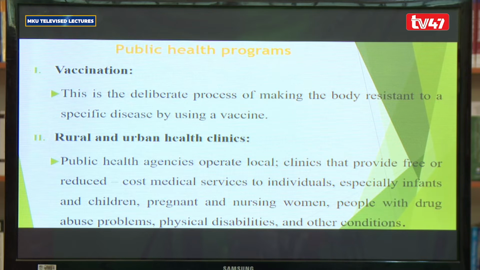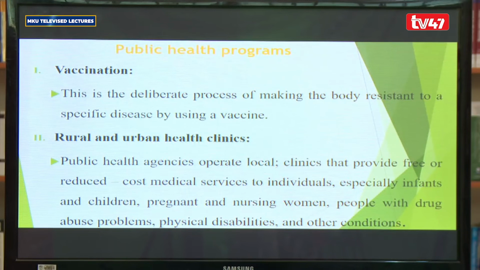Let's look at another function of public health: vaccination. This is a very important function of our public health programs. It is the deliberate process of making the body resistant to a specific disease by using a vaccine. This program is very essential because public health is at the forefront of disease prevention.